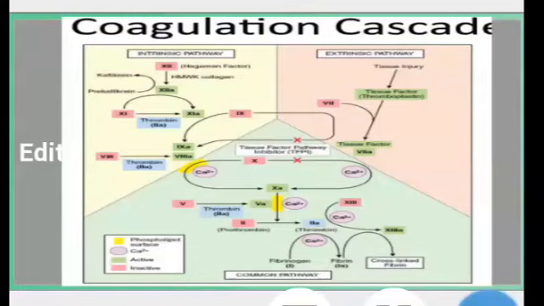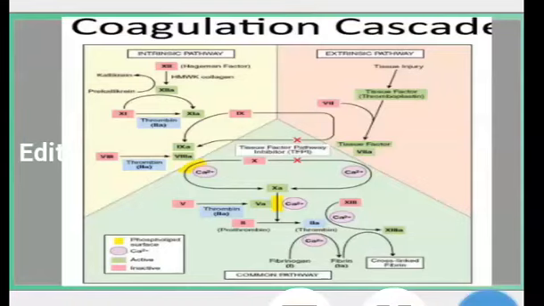Now the extrinsic pathway is activated by any tissue trauma. This tissue factor acts on factor 7 and activates factor 7. In the presence of calcium ion, tissue factor and activated factor 7 act on factor 10 and convert it into activated factor 10.